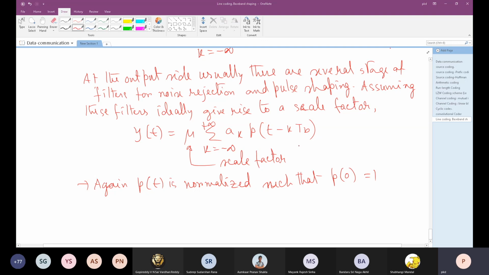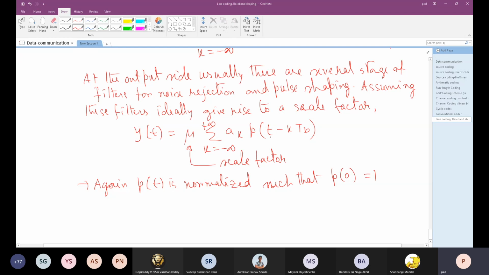For any filter, we cannot assume that the energy is limited to a particular time. The energy will be attenuated over time and frequency, but its effect will be there. So to take that effect into account, we are taking x(t) and y(t) continuous.